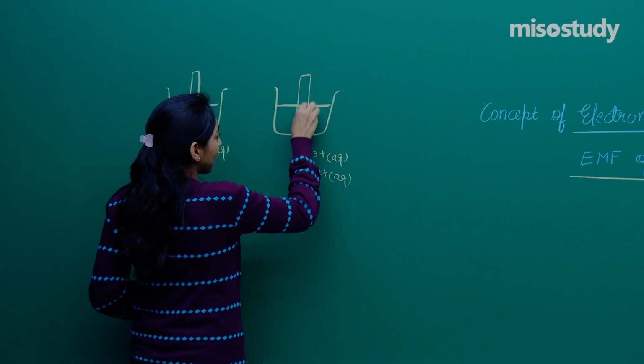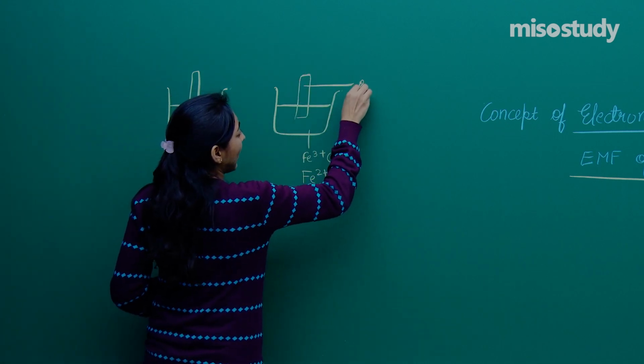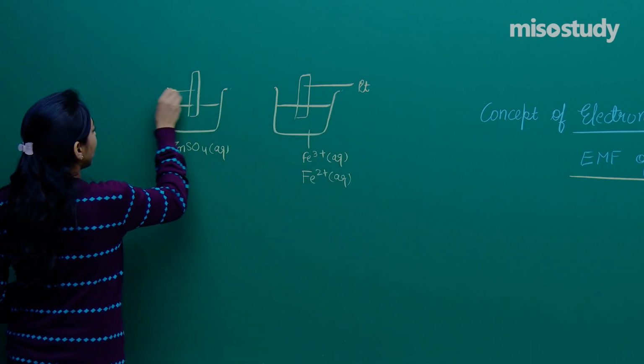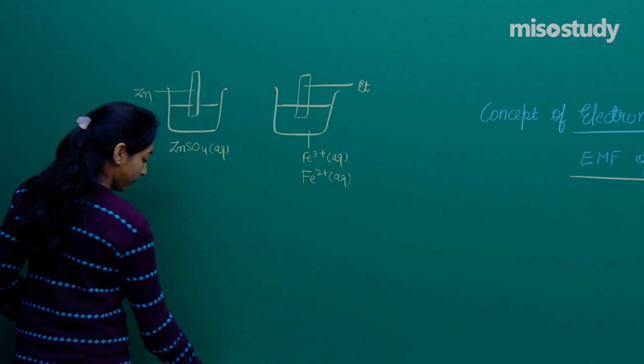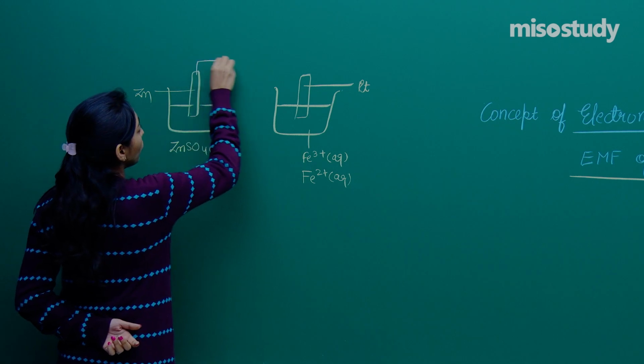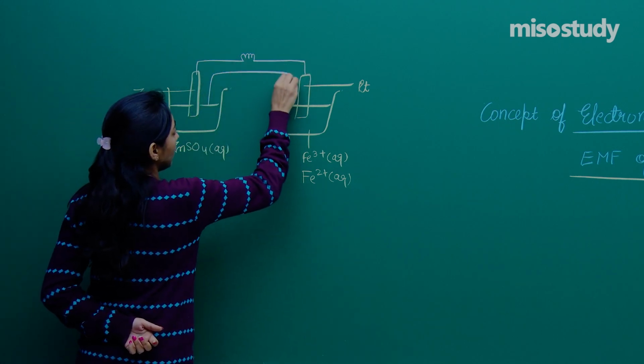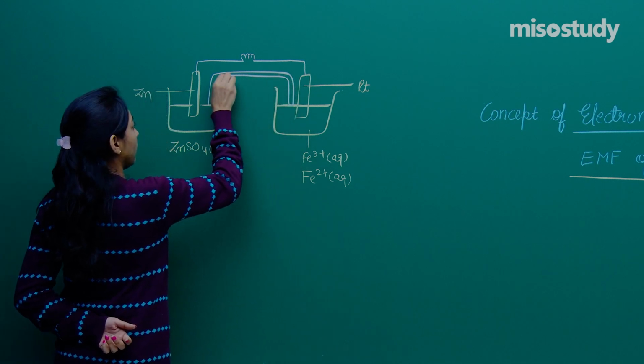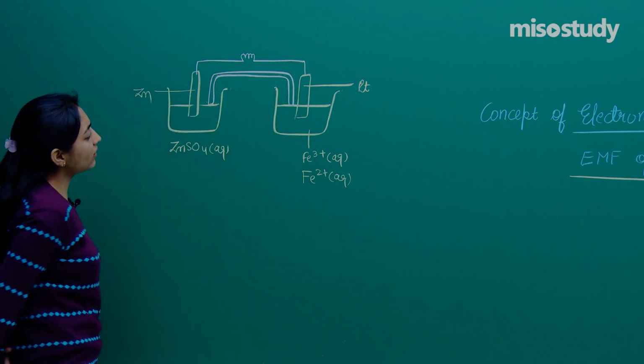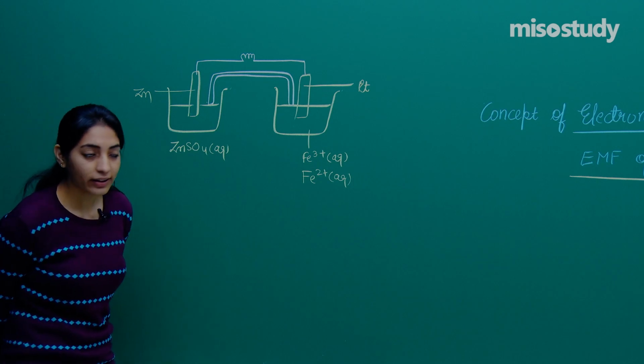There you kept an electrode, but this electrode was an inert electrode of platinum, whereas the other electrode was made of zinc. I connected the two with the help of a wire, and then there was a salt bridge which I had connected, right?